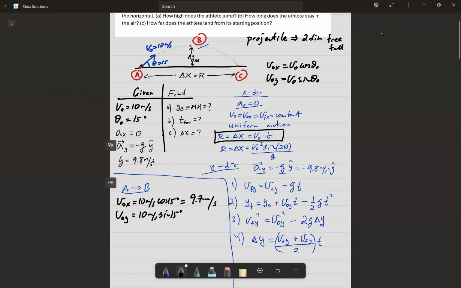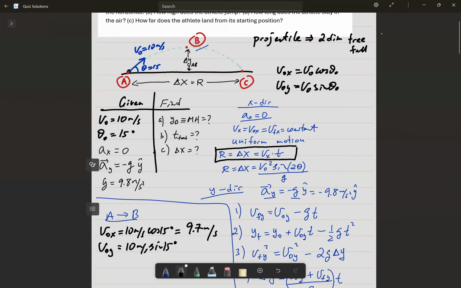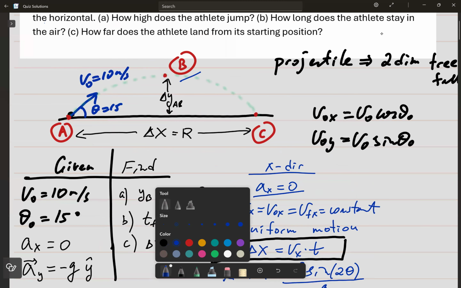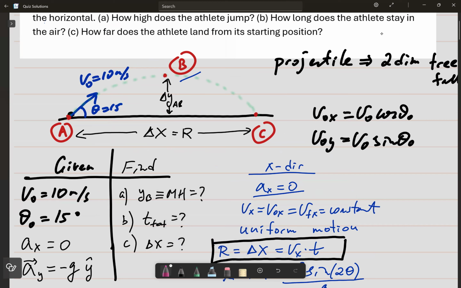If you are confused about why I have those components written like that, remember, if I take the initial velocity and break it down, the initial velocity component in the x direction will be this particular vector. If I take this to be the y-axis and this to be the x-axis, then that's the projection in the x direction, and this is the projection in the y-axis.